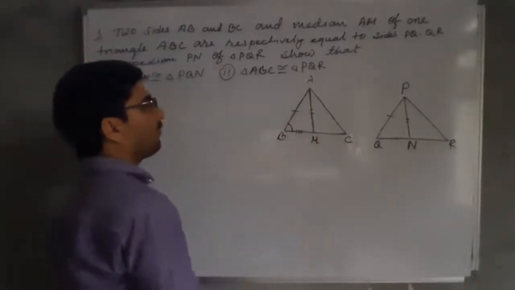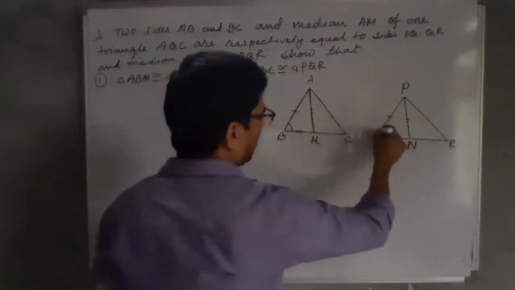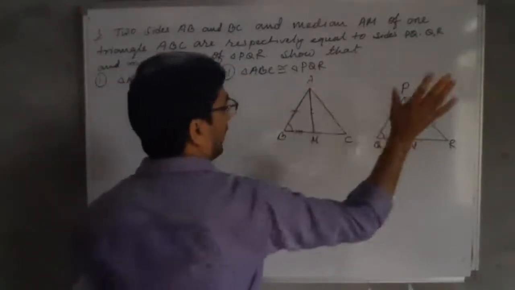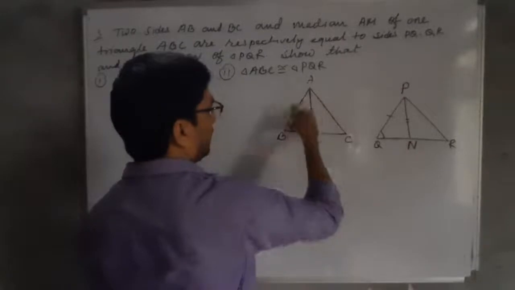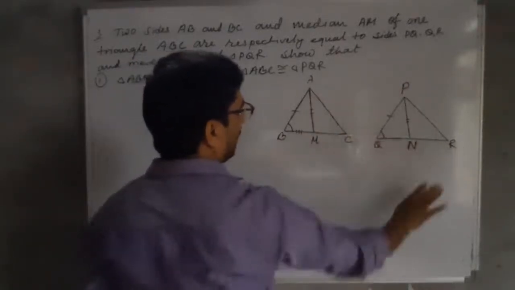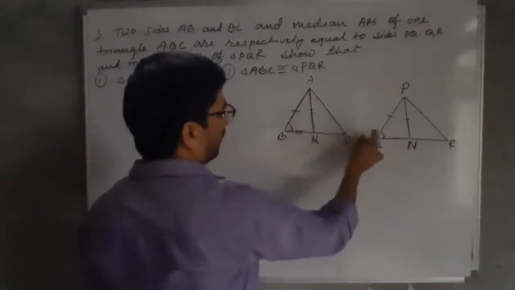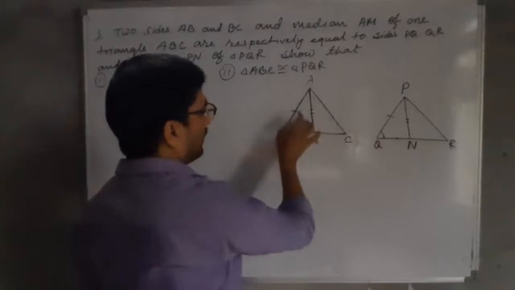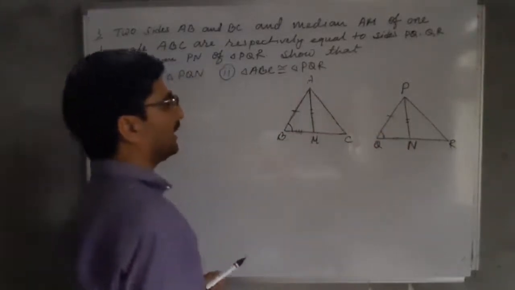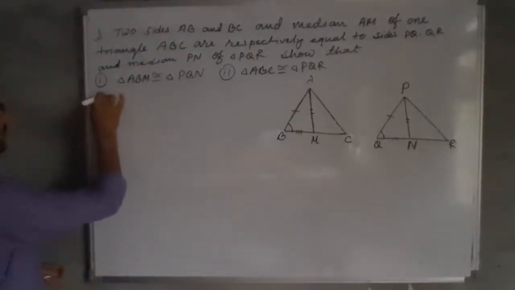Now second one, directly CPCT we can write, and the second one, this ABC triangle and PQR triangle. AB and PQ equal, BC and QR equal. Then the angle included is angle B and Q. So angle B equal to angle Q from 1, in CPCT we got. So these two triangles are congruent according to side angle side. Okay, so the solution is the first one.